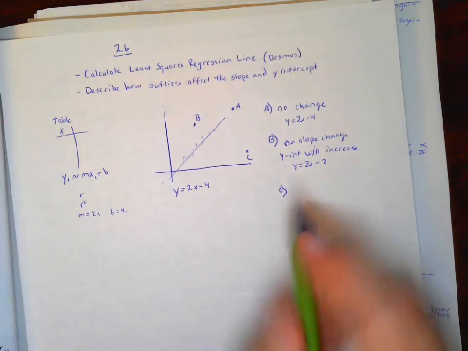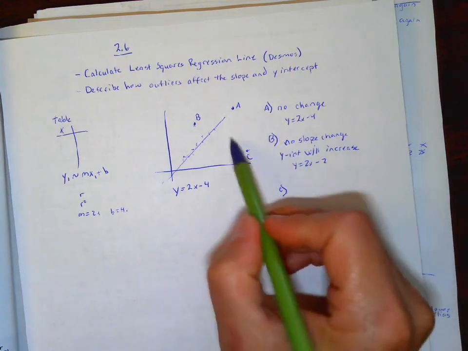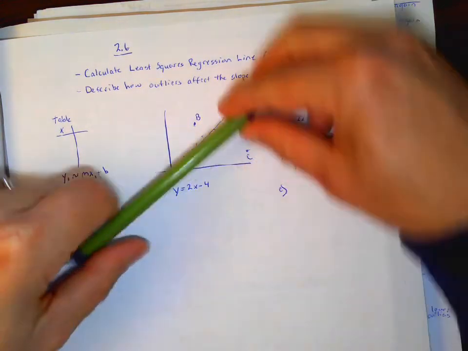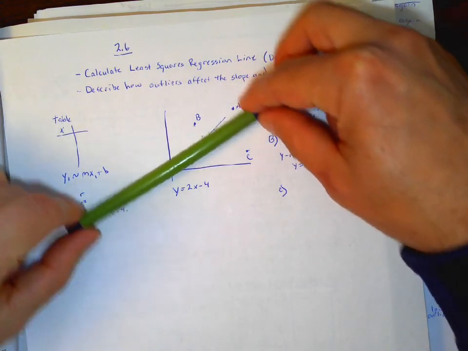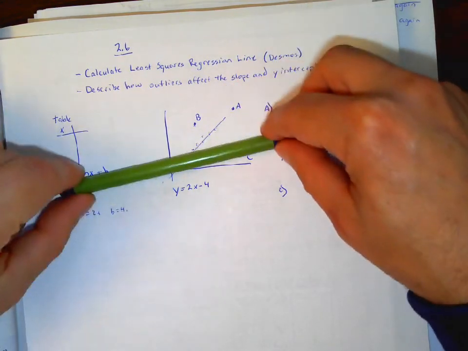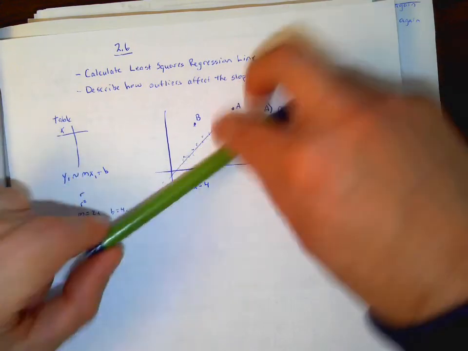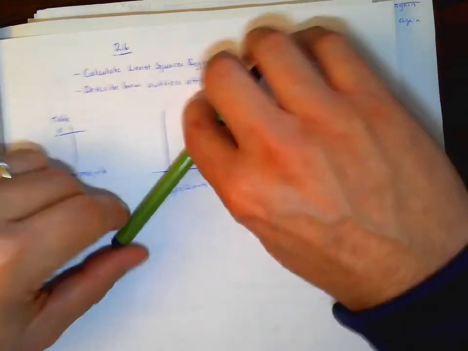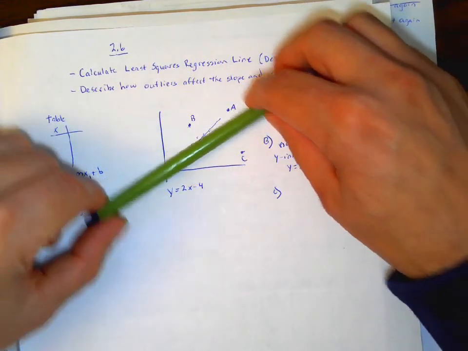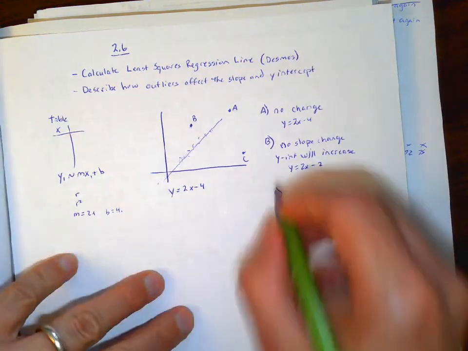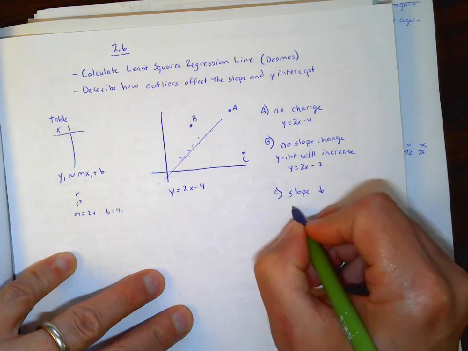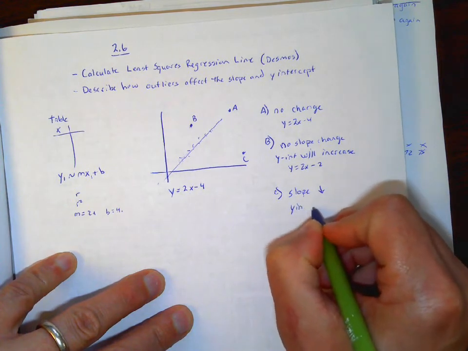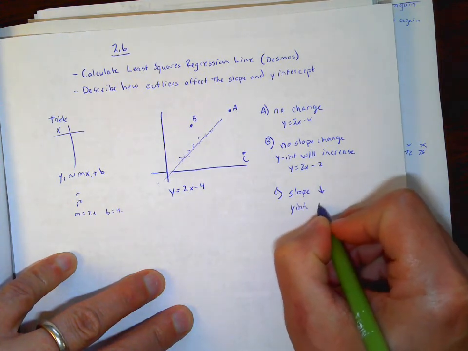Whereas point C, notice if I add point C to this, it's going to pull it like this a little bit. So it's going to pull the slope down, and it's going to bring that y-intercept up a little bit too. See how it was on a seesaw sort of thing. So the slope will come down, and the y-intercept will come up a bit.